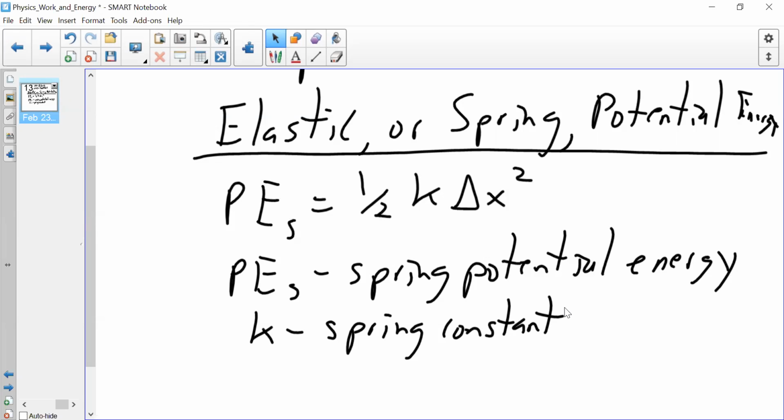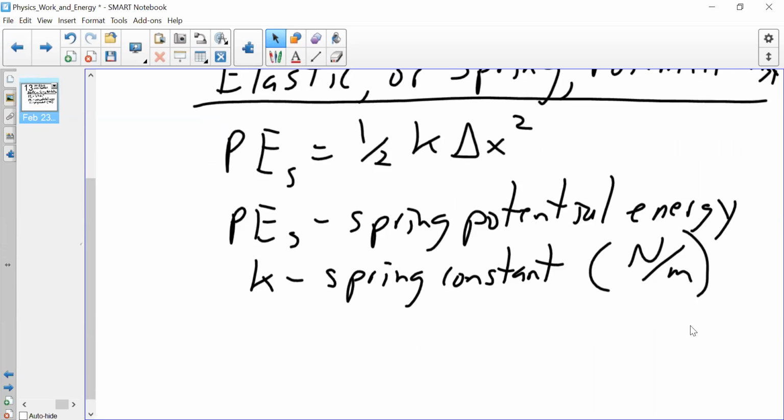That particular string, that particular bow has its own way it can stretch and compress. So spring constant, the units are newtons per meter because it comes from the spring force, which is F equals kx. So you divide force by meters, you get newtons per meter, but that's just a brief thing. So spring constant is K.